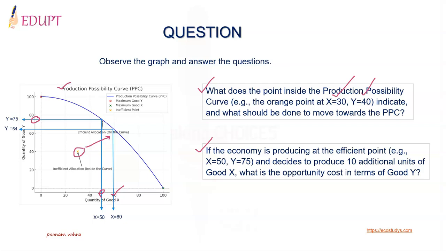Observe the graph carefully and make note of the fact that when the economy decides to produce 10 additional units of good x, it has to sacrifice the production of y. In this case, by looking at the graph, one can see that the production of y has decreased from 75 to 64. Let's have a look at the solution.